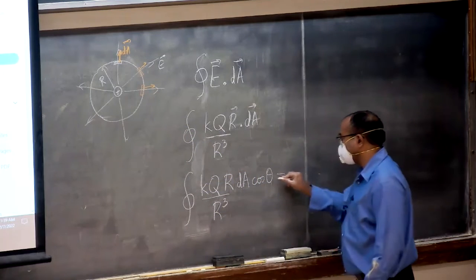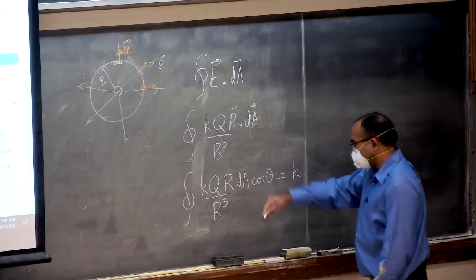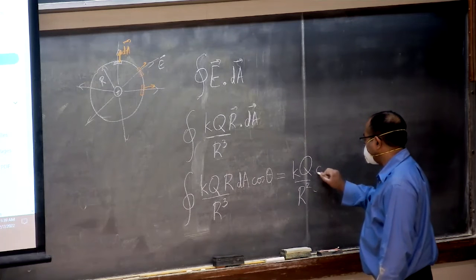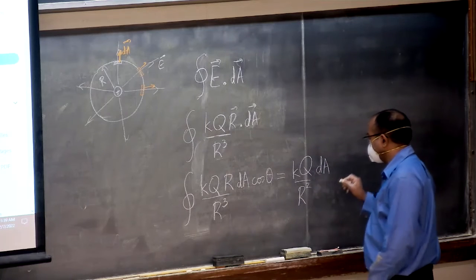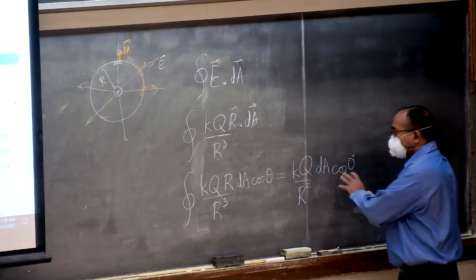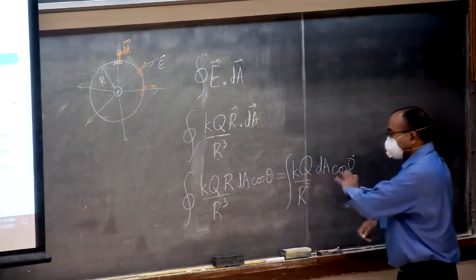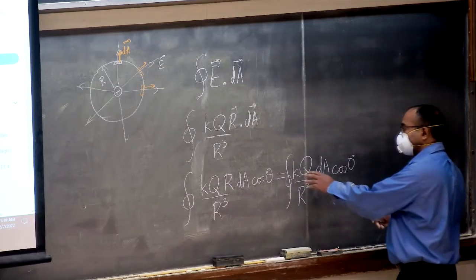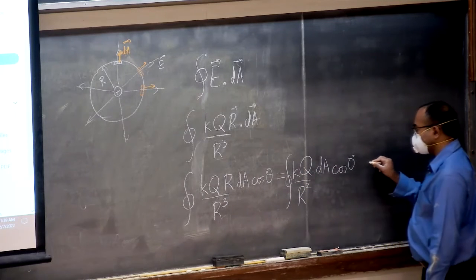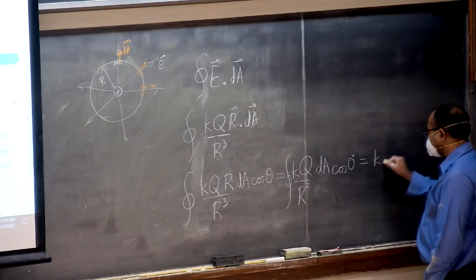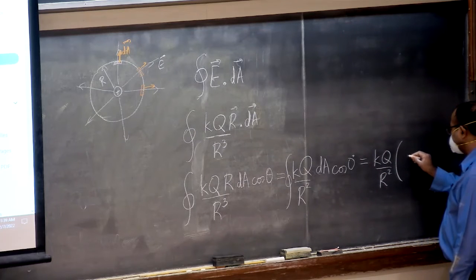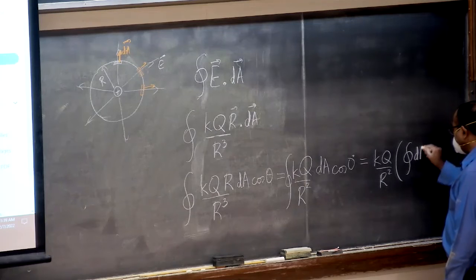So in this case, one of the r's cancels. So you have kq over r squared, dA, cosine of 0, which is 1. And we're doing an integral, so we can pull out the constants. Pull out the k, the q, the r, the cosine of 0. And so we end up with kq over r squared times the integral of dA.